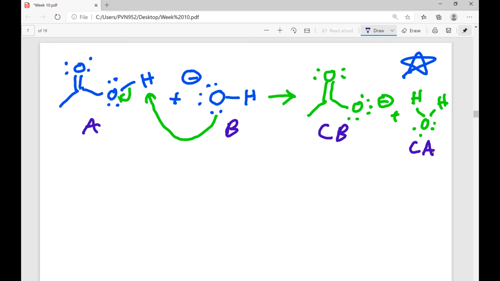So let's look at this conjugate base. This conjugate base right here has a resonance structure as follows. So we can imagine pushing electrons here, pushing them up here, and then we make another resonance structure of our acetate anion.